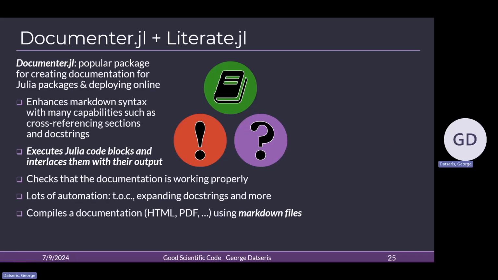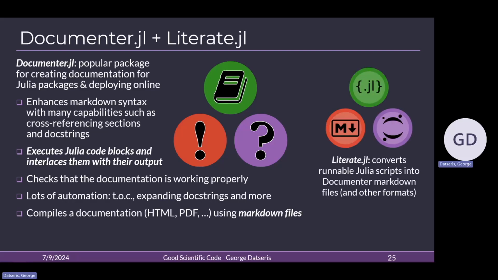Literate is a companion, I would say, to Documenter. Its job is to take a runnable Julia script and translate it into, for example, a Documenter Markdown file. This is the input Documenter expects: a Markdown file, or other formats like Jupyter notebooks.